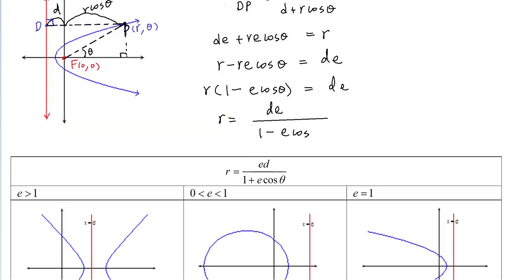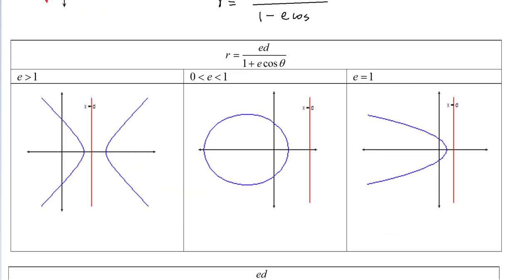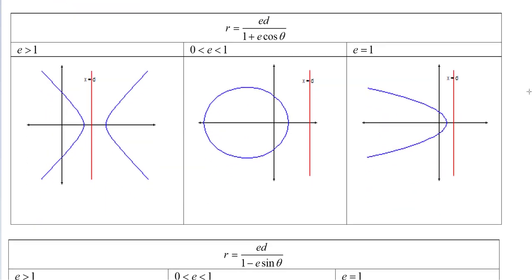Now, if it's 1 plus e cosine theta in the denominator with de as the numerator, then it is the opposite direction. It's a conic with one focus at 0, 0. So this one is a focus, and in all of these, one of the foci is 0, 0. In this case, the directrix is x equals d.